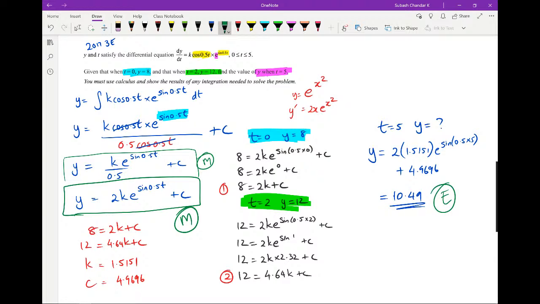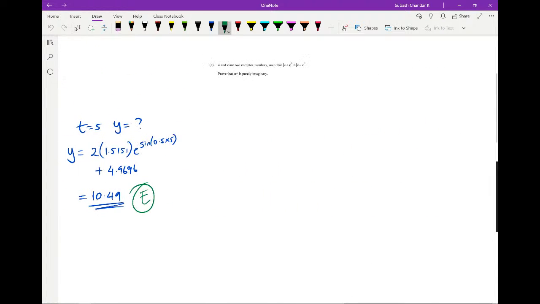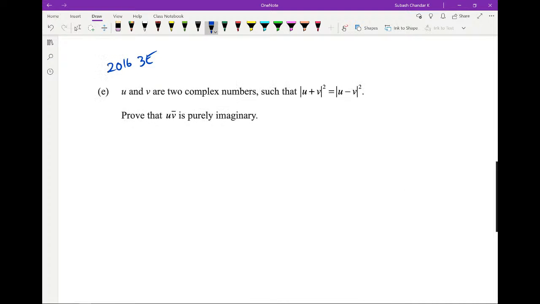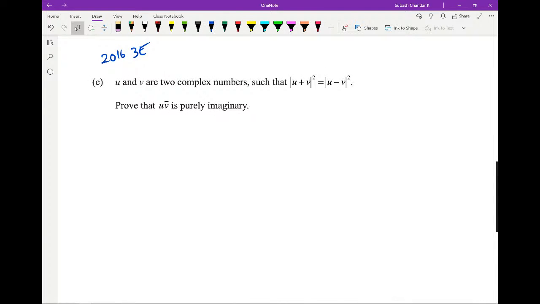We'll get it done. Okay, we're doing complex numbers next. Question 3E from 2016. Let me just have a quick look at it, guys, and then we'll go through it in a minute or two, but you guys can have a crack at it, as always.